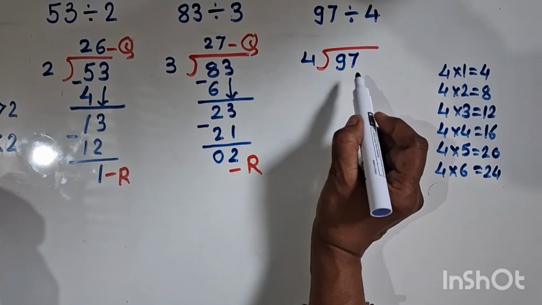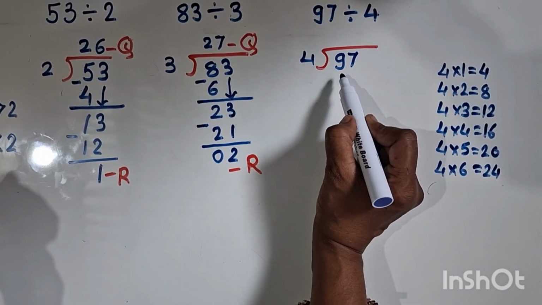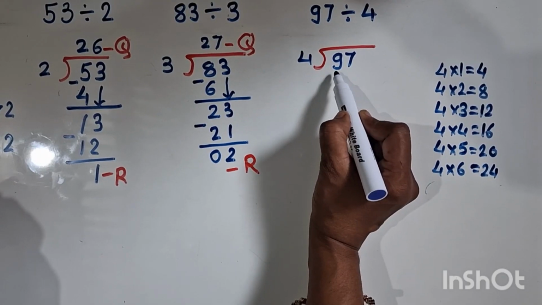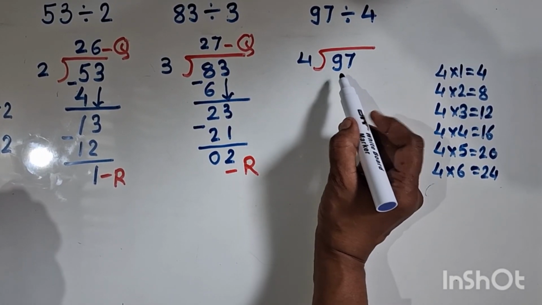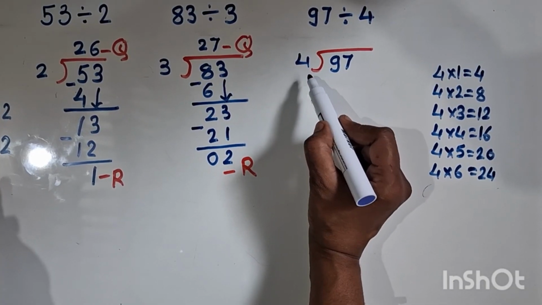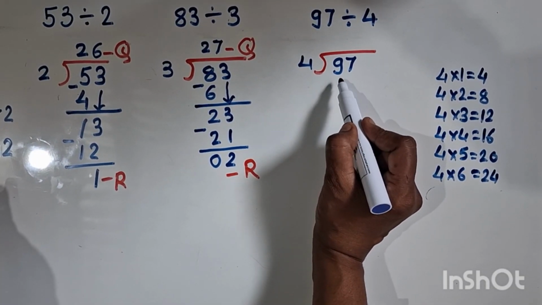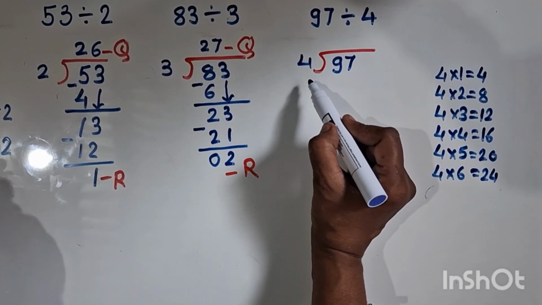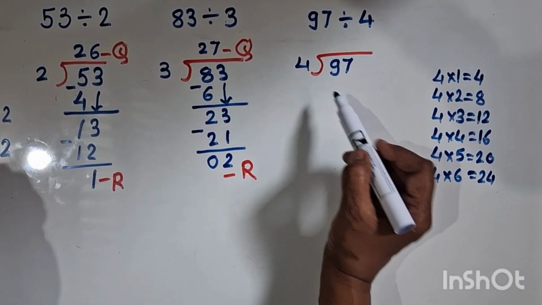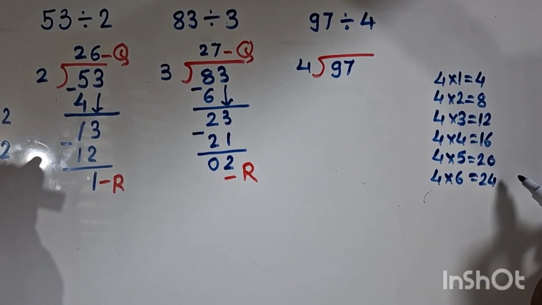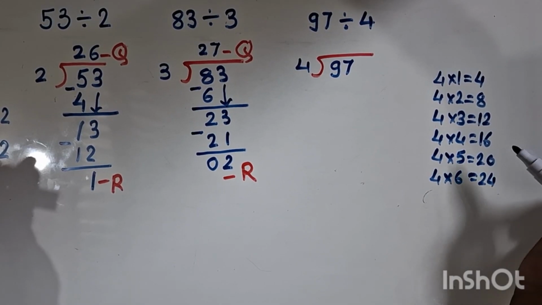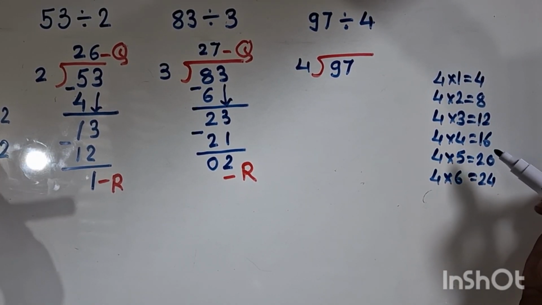As I told you, observe first the leftmost digit of the dividend, that is 9 in this sum. 9 is greater than 4. So, we can divide 9 individually by 4. Okay. So, are we getting 9 in the table of 4? No. There is no 9 in the table of 4.